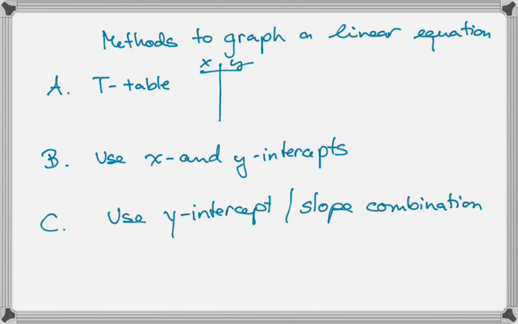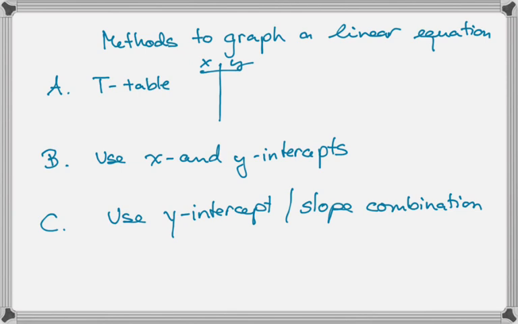But really what I mostly use is the 3rd point, which we're going to talk about in, I want to say 2.3. 2.3 shows how to use the y-intercept and the slope to graph a line. And that's really what I use for most of my graphs. It depends on the problem.